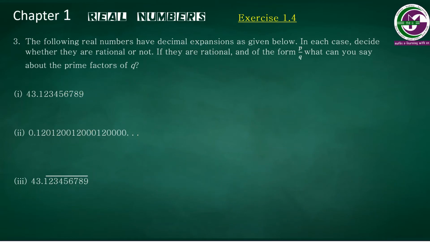Now the last question of this exercise, question number 3. The following real numbers have decimal expansions as given below. In each case, decide whether they are rational or not. If they are rational and of the form p by q, what can you say about the prime factors of q? First question is 43.123456789, stopped, right?